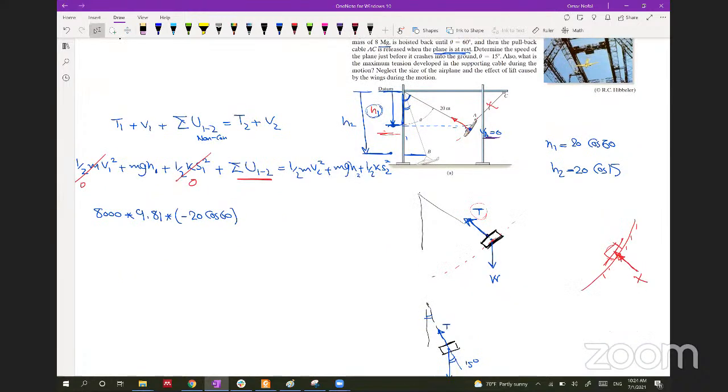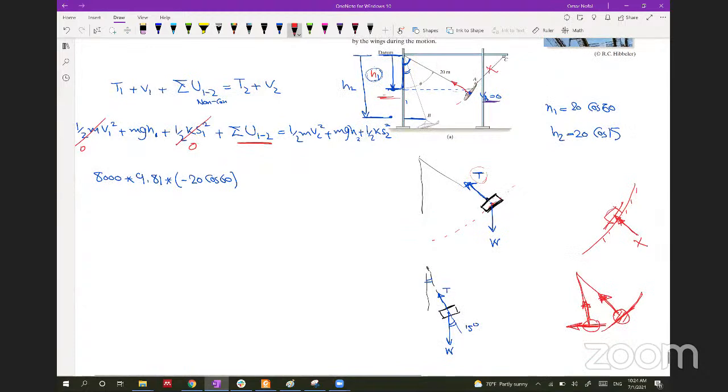Similarly, if you have a body attached to a cable and your body is moving this way, this force is perpendicular to the direction of the motion at any part, even if the body is here. So this body is moving this way and the tension is going this way. If you did a dot product between F and ds, the cosine of theta will be for 90, so it will be 0. Is that clear? Okay.